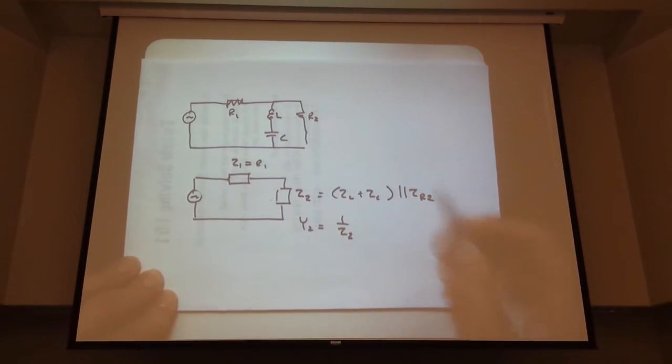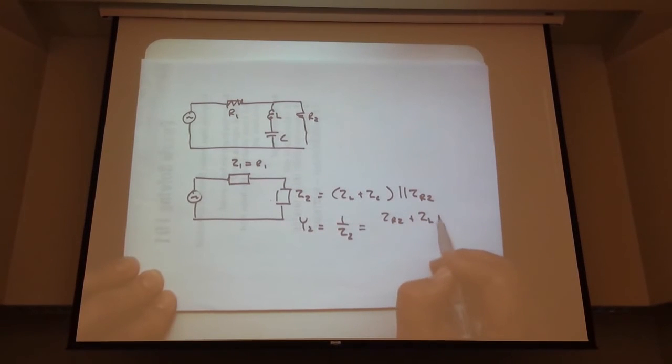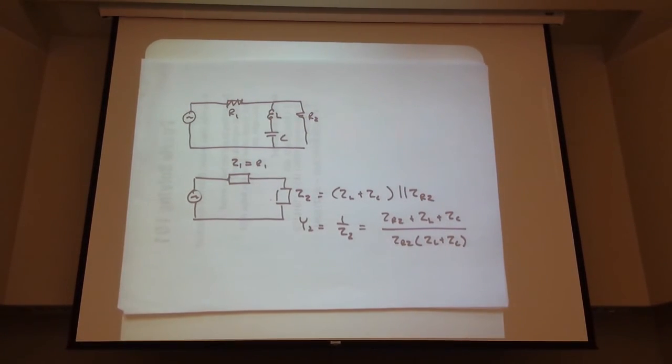Which, if we do this as inverses, we could just write somewhat quickly as ZR2 plus ZL plus ZC over ZR2 times ZL plus ZC. I did that quickly, but does that make sense? So any chunk, you can break down any chunk.